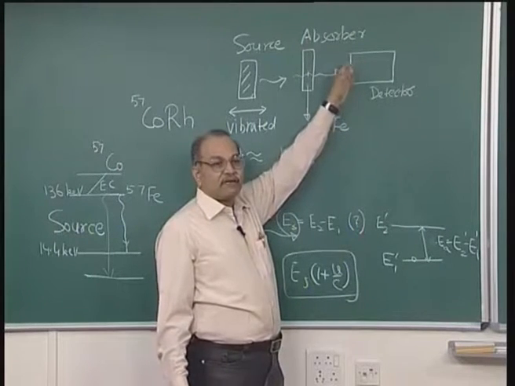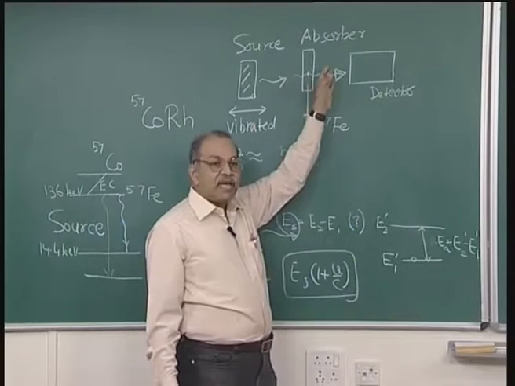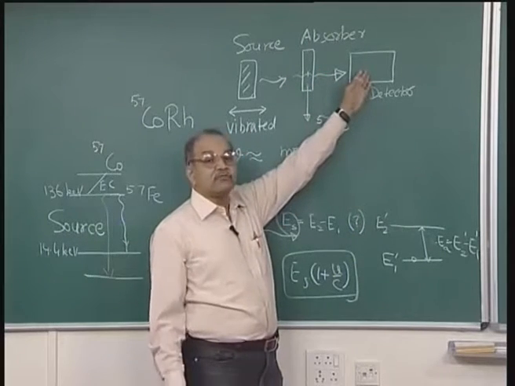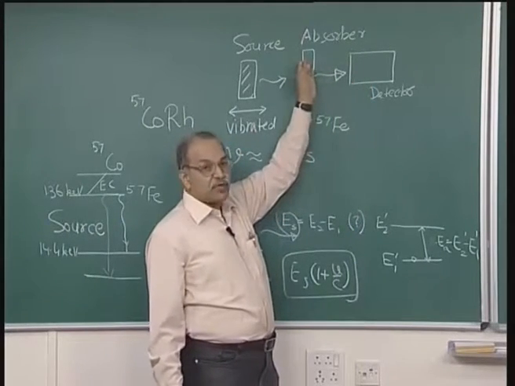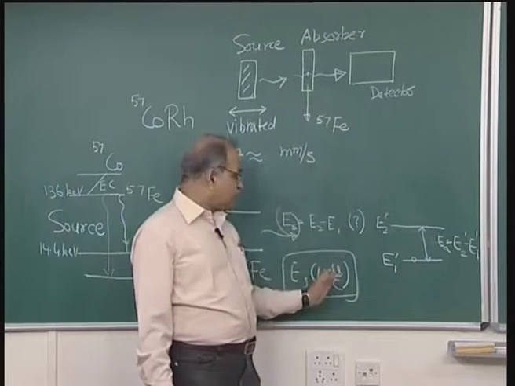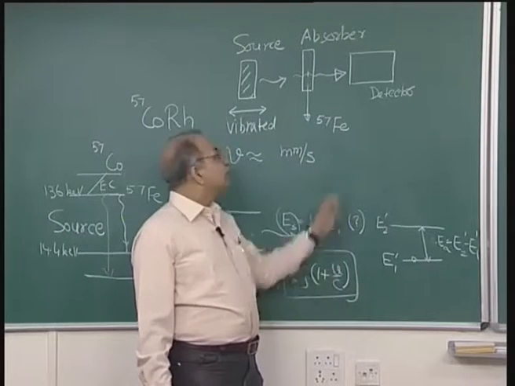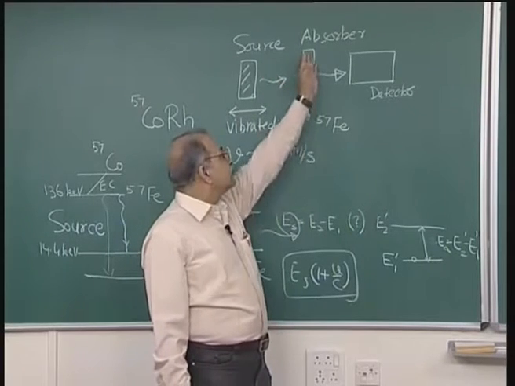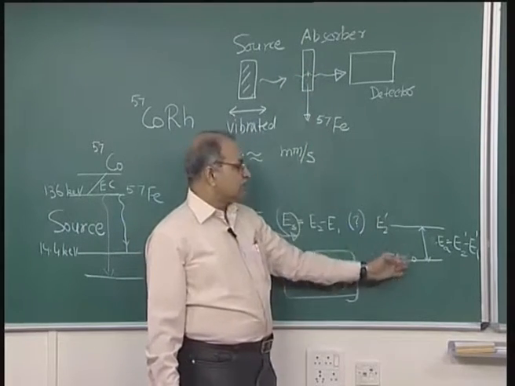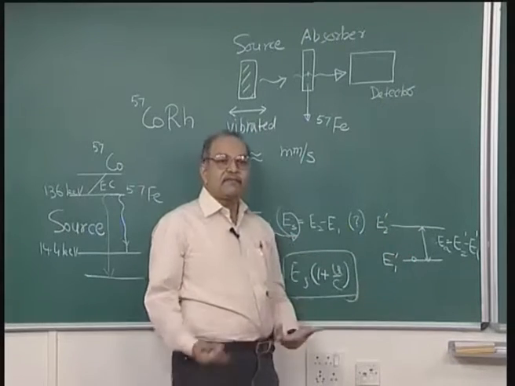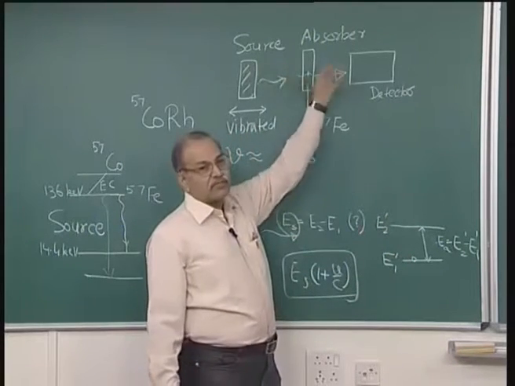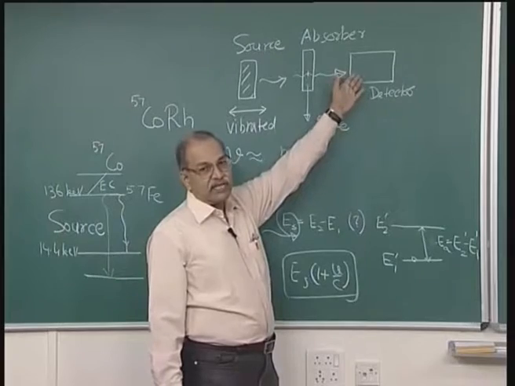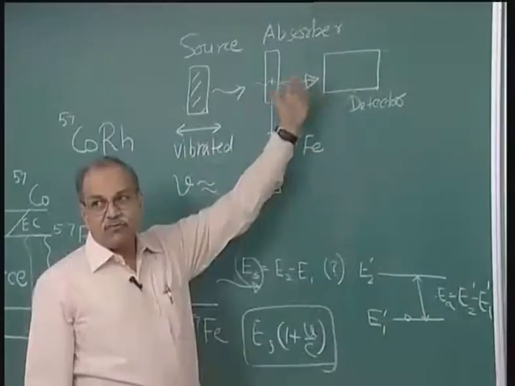So, what we will find is that when the velocities match, this number will go down because gamma rays are getting absorbed here, and for other velocities where the energies are different, the energy of this gamma ray and the energy level difference in this absorber, when they are different, most of the gamma rays will be transmitted and you will have a higher count here.